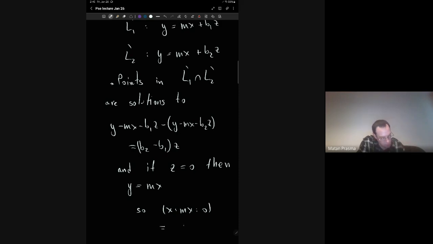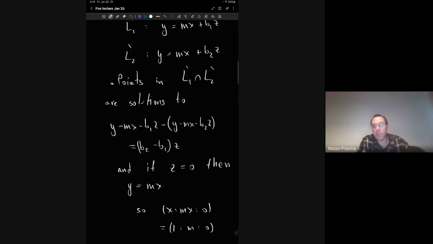Of course, I can refactor this solution as simply 1, m, 0. Okay, and that's basically the only solution.